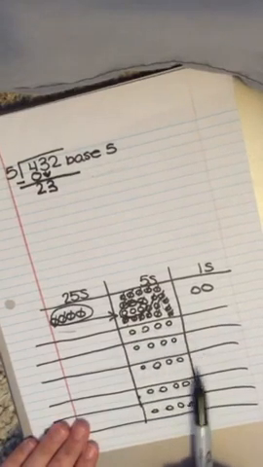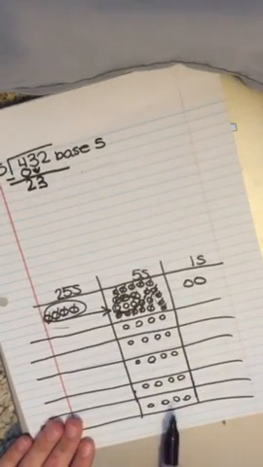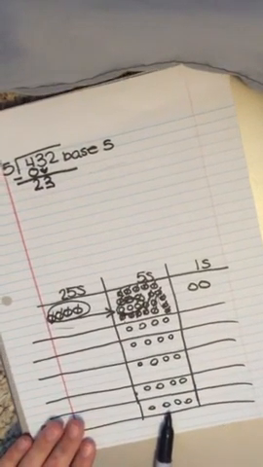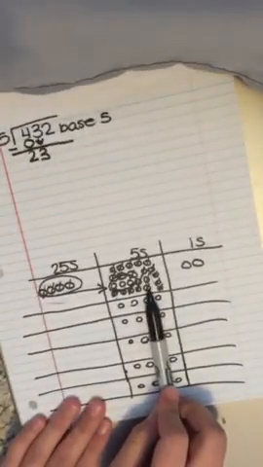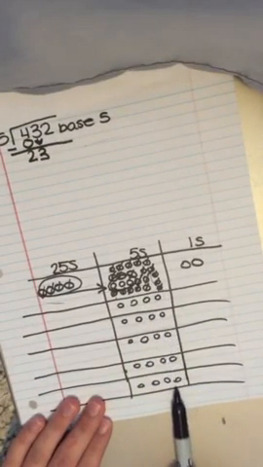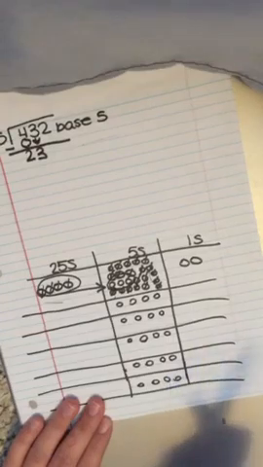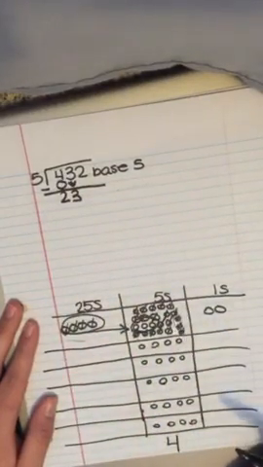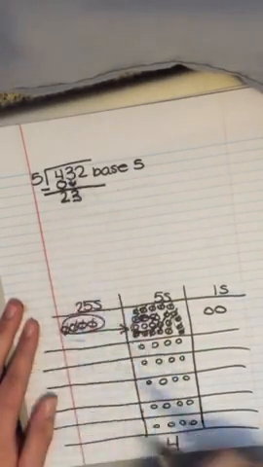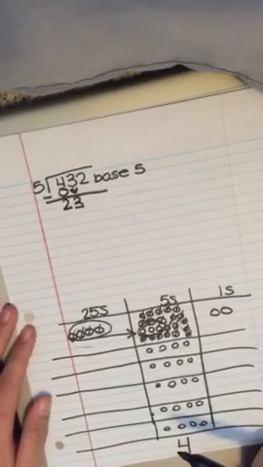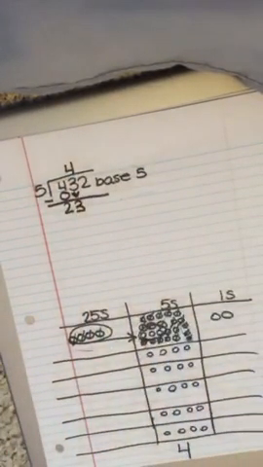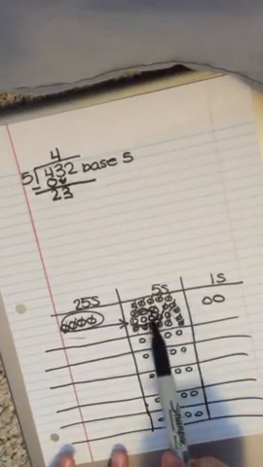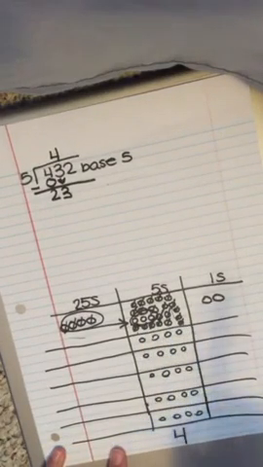We realize that we were able to equally distribute these 5s into the 5 groups equally 4 times. So we'll put a 4 on the bottom, and above the 3, because we're working in the 5's place, we go to the 5's place in the 432, and we will put a 4 above that because we can distribute these chips evenly 4 times.